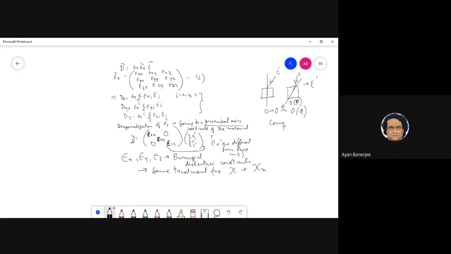So the components of E initially, so this is my first picture and this is my second picture.